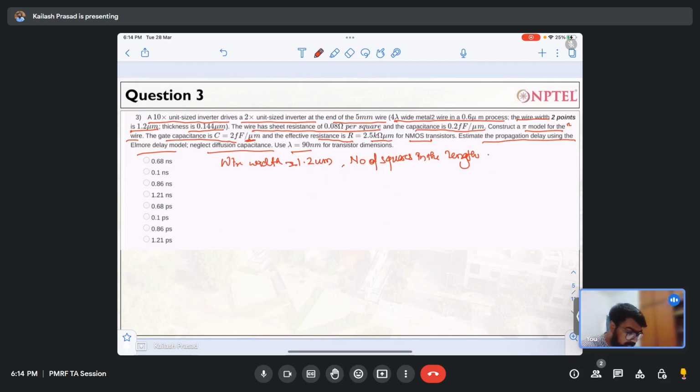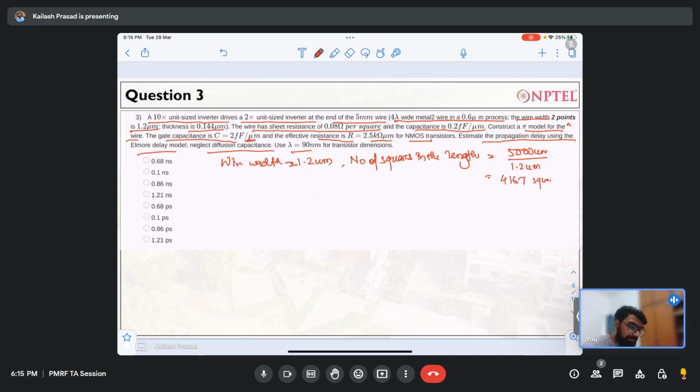So what you have to calculate is the number of squares in the length. This will be 5000 micrometer, my 5 millimeter wire, divided by 1.2 micrometer. If we calculate this, it comes to 4167 squares in length. So there are 4167 squares in length.